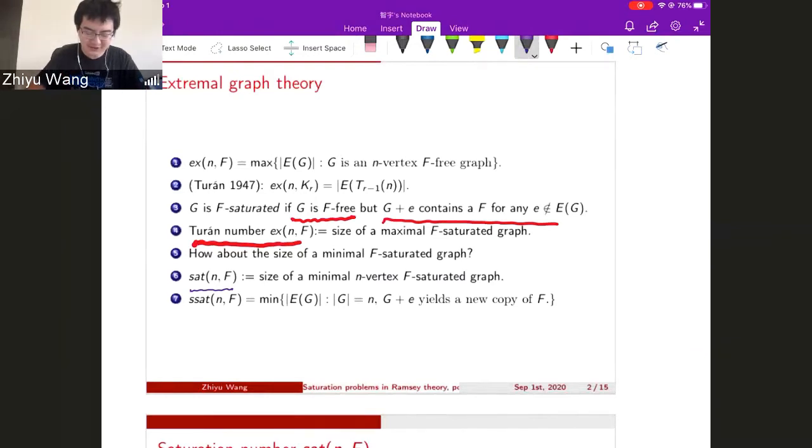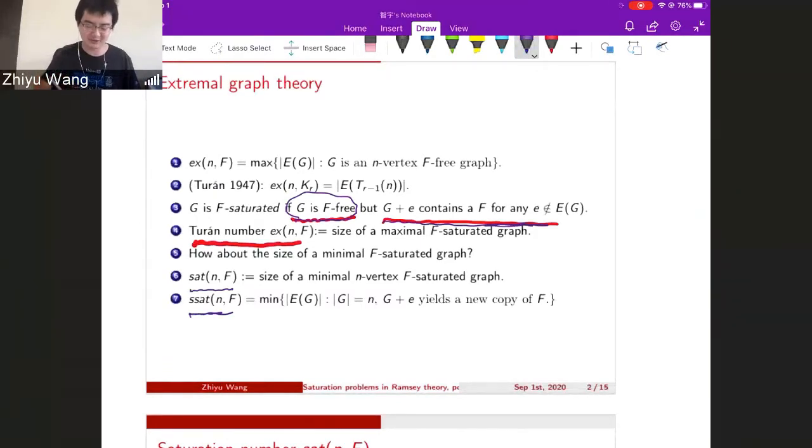There's another very natural definition of saturation. The saturation concept really is represented by the second condition, where adding any non-edge gives us an F. If we weaken the condition that G is F-free, then we call this the semi-saturation number. I think it appeared in many works before under different names.